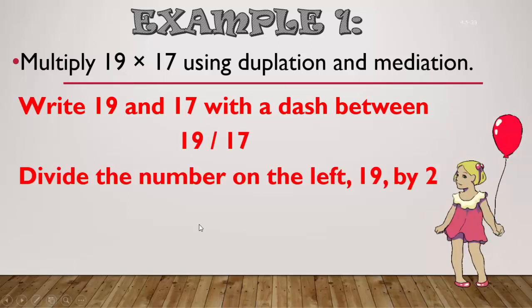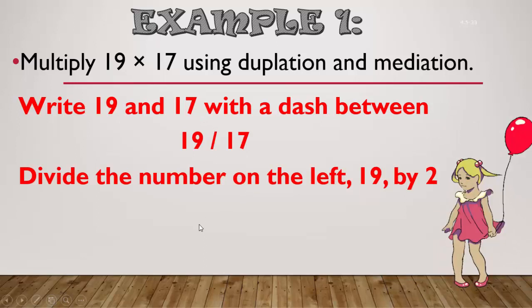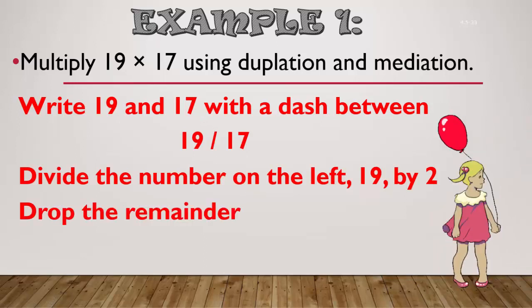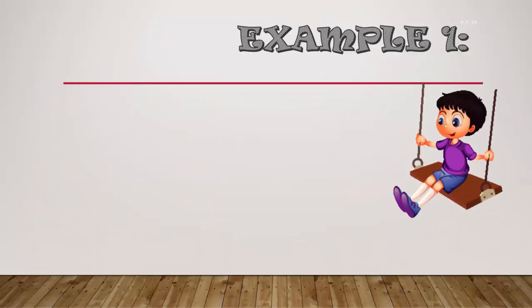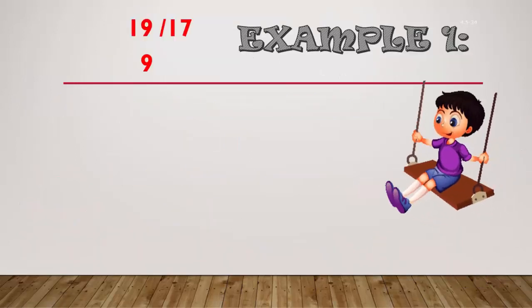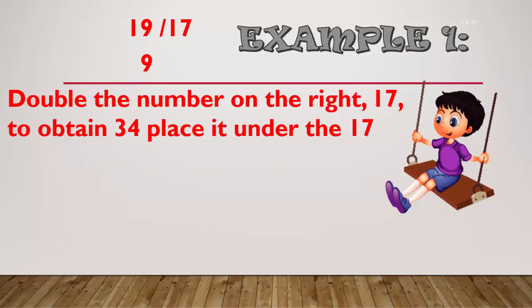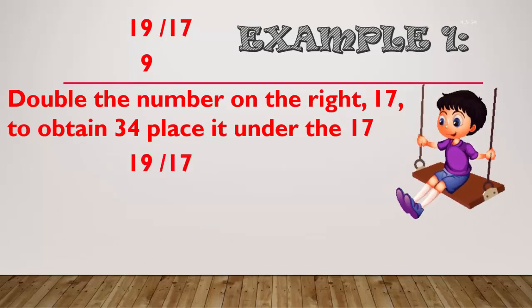Reviewing what we did on the whiteboard, I write 19 and 17 with a dash between them. Divide the number on the left, 19, by 2. Drop the remainder. Place the quotient 9 under the 19. Double the number on the right, 17, to obtain 34. Place it under the 17.